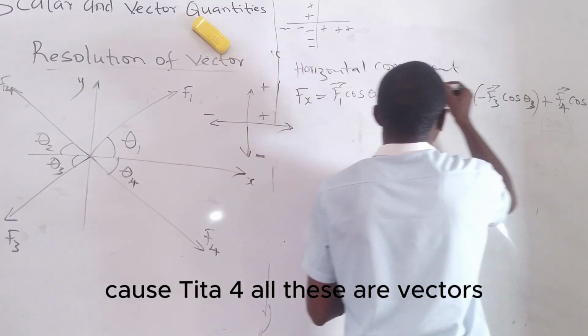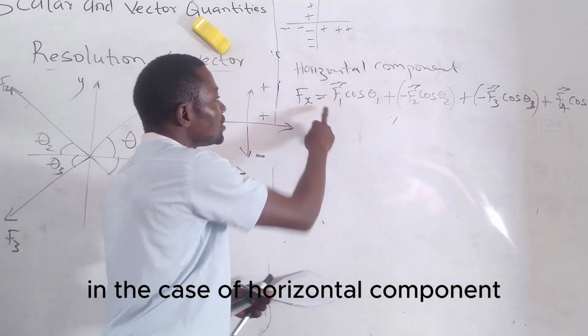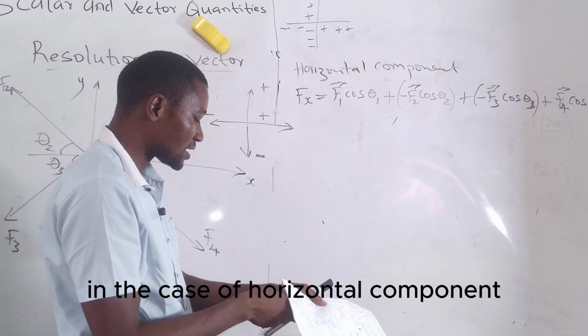All these are vectors, so let's put the sign on it. So this is what we use in the case of the horizontal component.